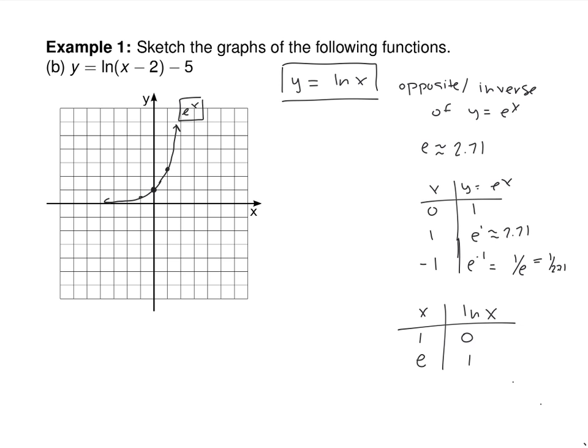You see that just flip-flops? When I plug in e to the negative 1, you get out negative 1. So you go through (1, 0) and (e, 1), and then you go over some positive amount that's close to 0 and down to negative 1.